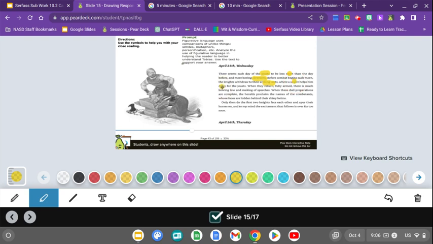When they return, they are fully armed, and there is much bowing low and making of speeches. When these dull preparations are complete, the heralds proclaim the names of the combatants, whose faces are hidden behind their shiny helms. Only then do the first two knights face each other and spur their horses on, and to my mind, the excitement that follows is over far too soon.